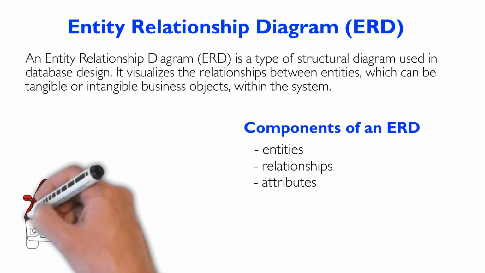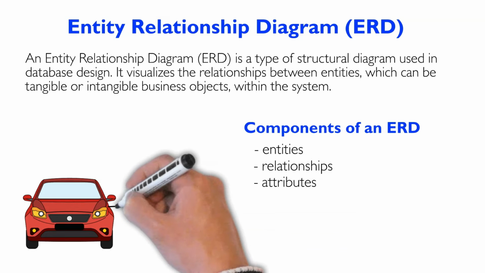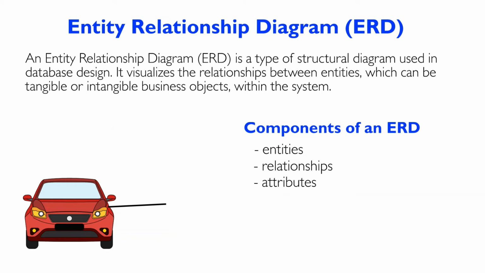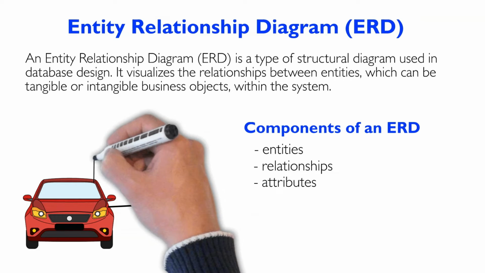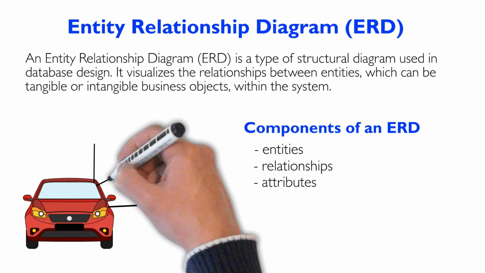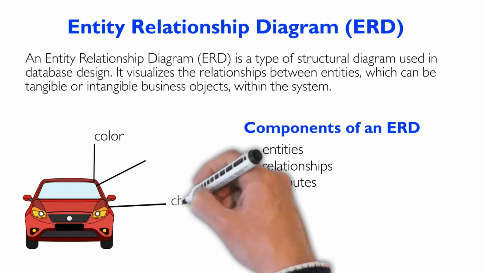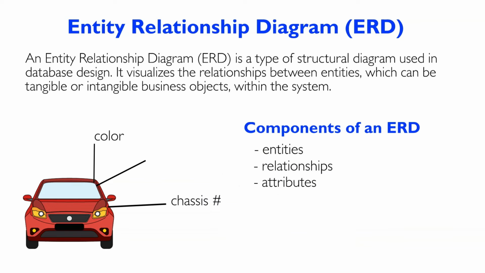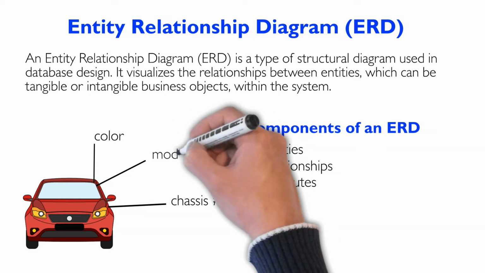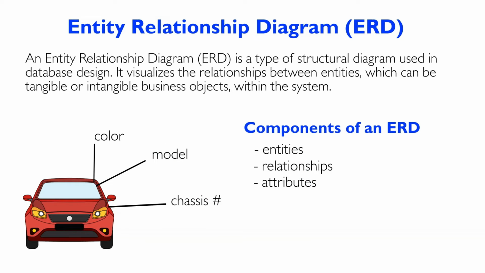Now, attributes are properties of an entity or something that can be used to describe an entity. So, for example, an entity can be a car. Now, a car has a color, which is an attribute. It has a chassis number, which is an attribute, right? And it has a model, which is an attribute. So you can think of things like that. Anything that describes the entity or properties of the entity.